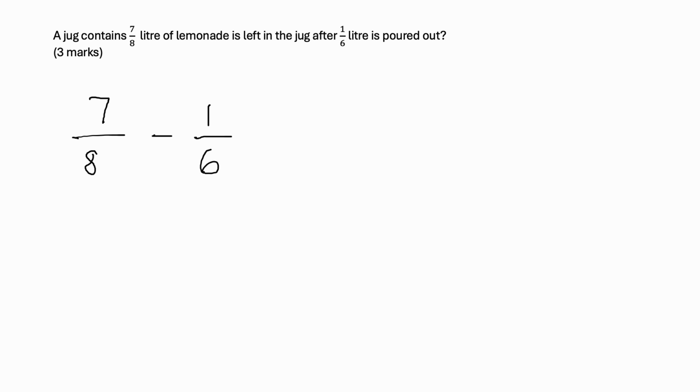When we subtract or add fractions, we need to make sure that the denominators are the same. The denominators here are not the same, so we need to work out the lowest common multiple of 6 and 8, which is going to be 24. Because 24 is in the 6 times tables and 24 is also in the 8 times tables.